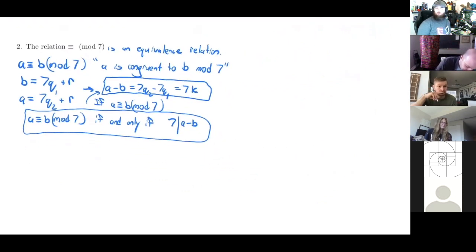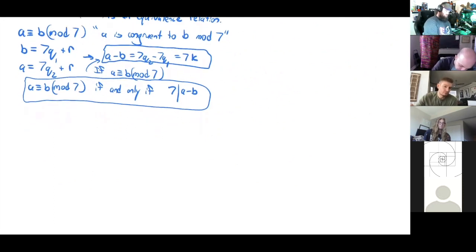But any questions? Okay, so this is going to be a useful definition for us to keep in mind when we're going through this. This can be our definition for this congruence relation.